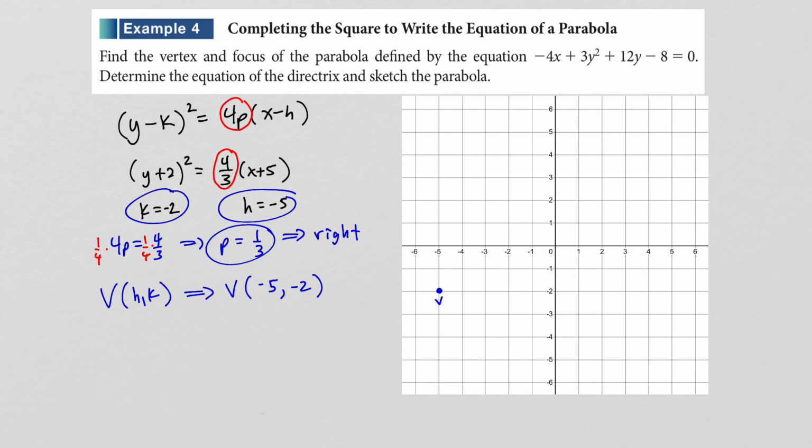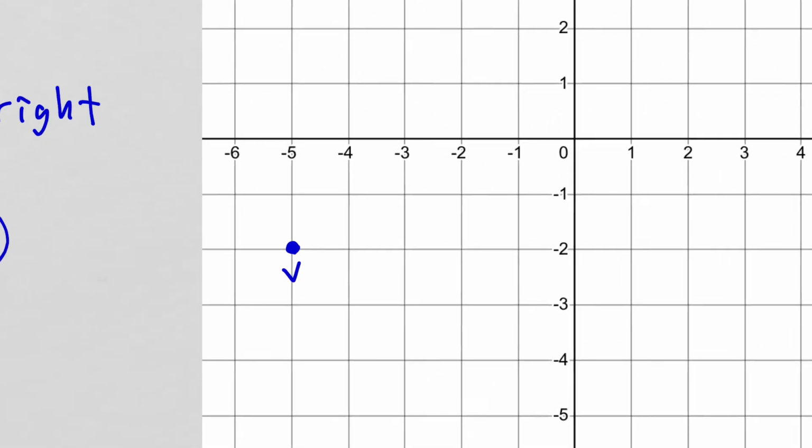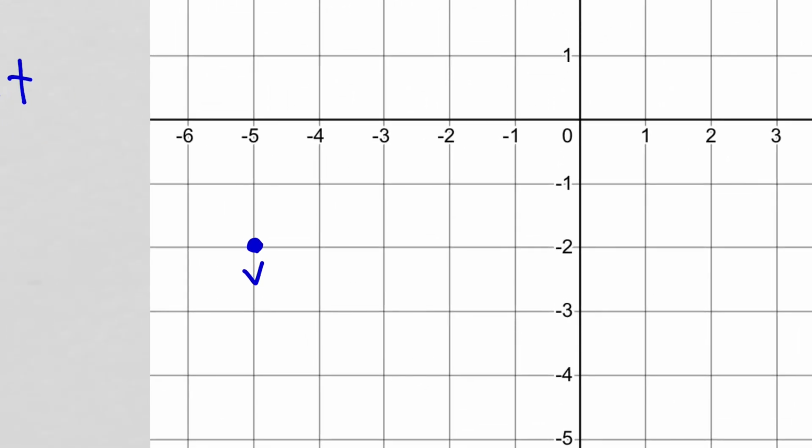That means the focus is to the right of the vertex, and it is to the right by 1/3 of a unit. So if I zoom in here, if I go 1/3 of a unit to the right of the vertex, that is right about there. That's the focus. And the directrix is a line that is on the other side the same distance, and it will be a vertical line in this case. So there's our directrix and there's our focus.